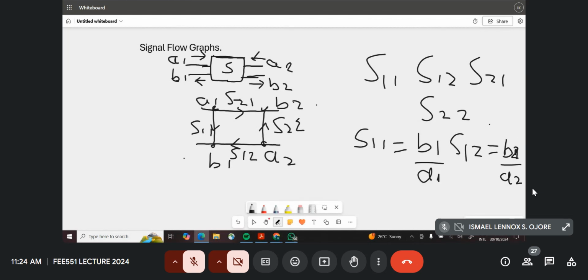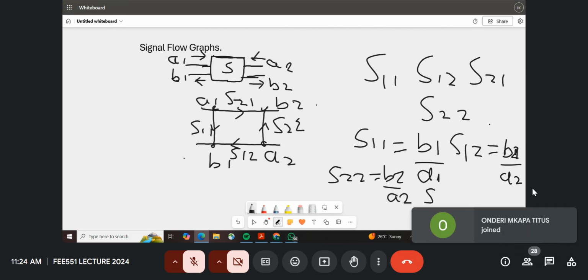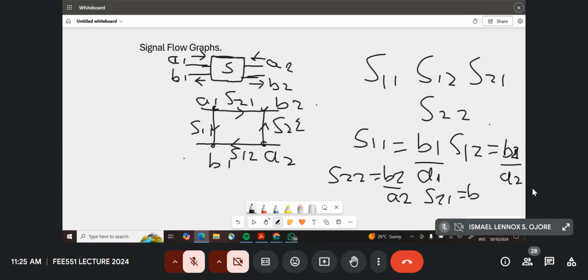Yes, and S22 is B2 over A2, and S21 is B2 over A1.